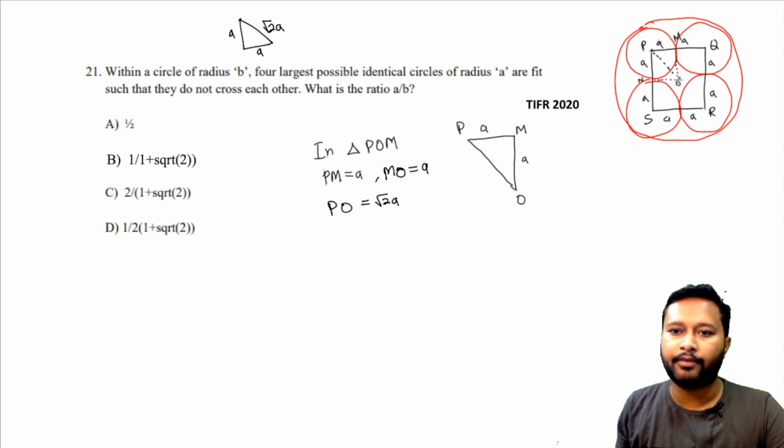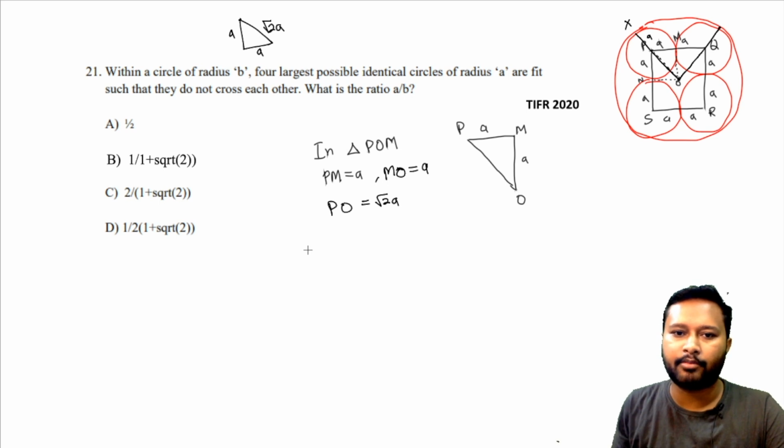And if you want to see the radius of the bigger circle, that is going to be from O till this point. If I draw the radius, this whole length is equal to small b. So it is equal to OP plus small a, because from P to this point, let's say any point X, PX is small a.